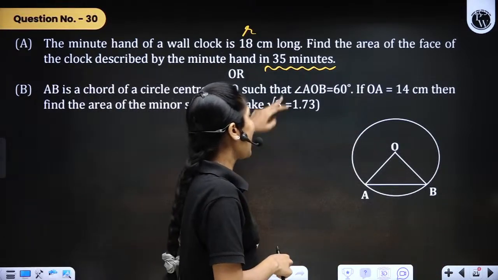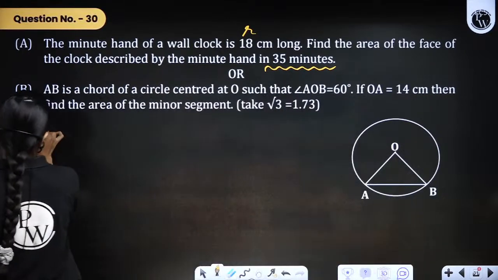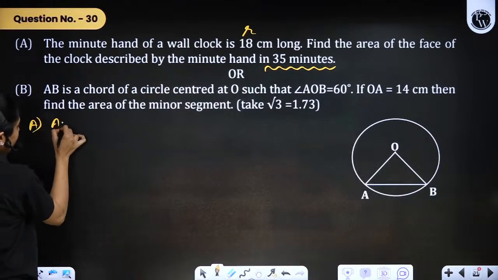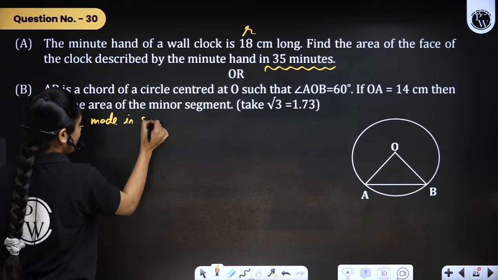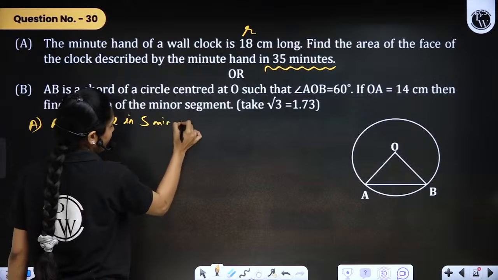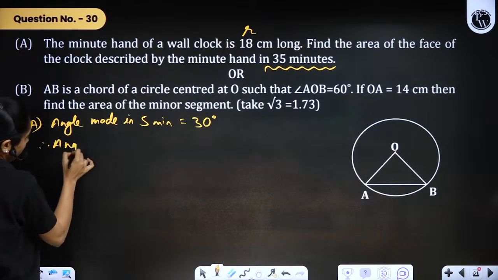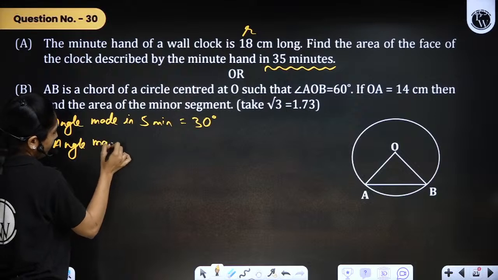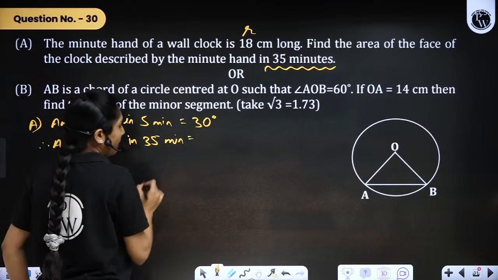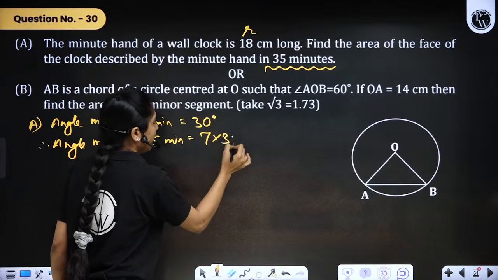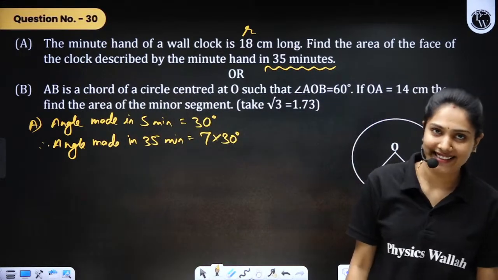So what will be the angle made in 35 minutes? Angle made in 5 minutes is 30 degree, therefore angle made in 35 minutes will be 7 into 30, which is 210 degrees, correct.